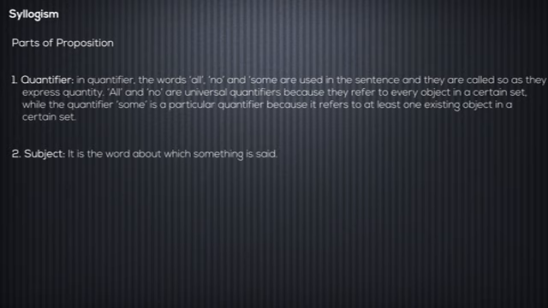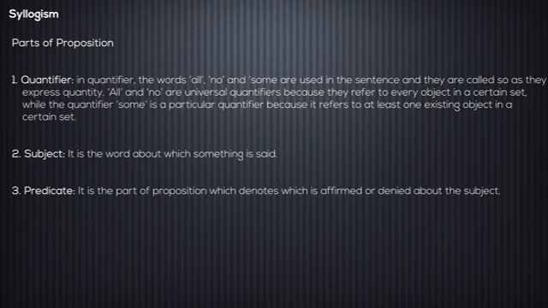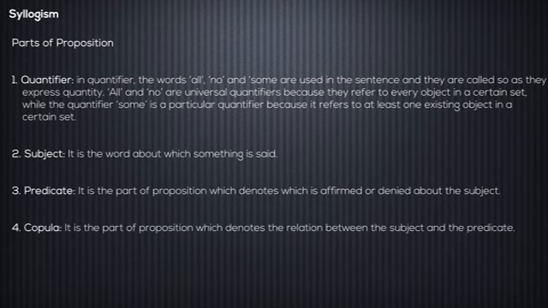Subject. It is the word about which something is said. Predicate. It is the part of the proposition which denotes what is affirmed or denied about the subject. Copula. It is the part of the proposition which denotes the relationship between the subject and the predicate.